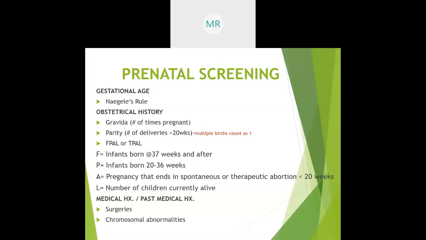Medical history. In past medical history, that's also very important. Surgeries are important, chromosomal abnormalities are important.